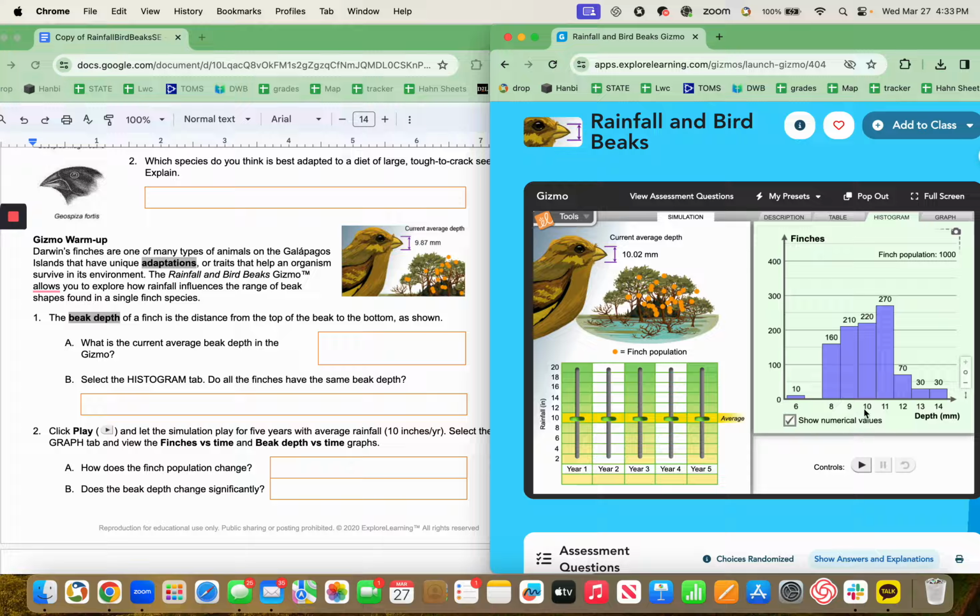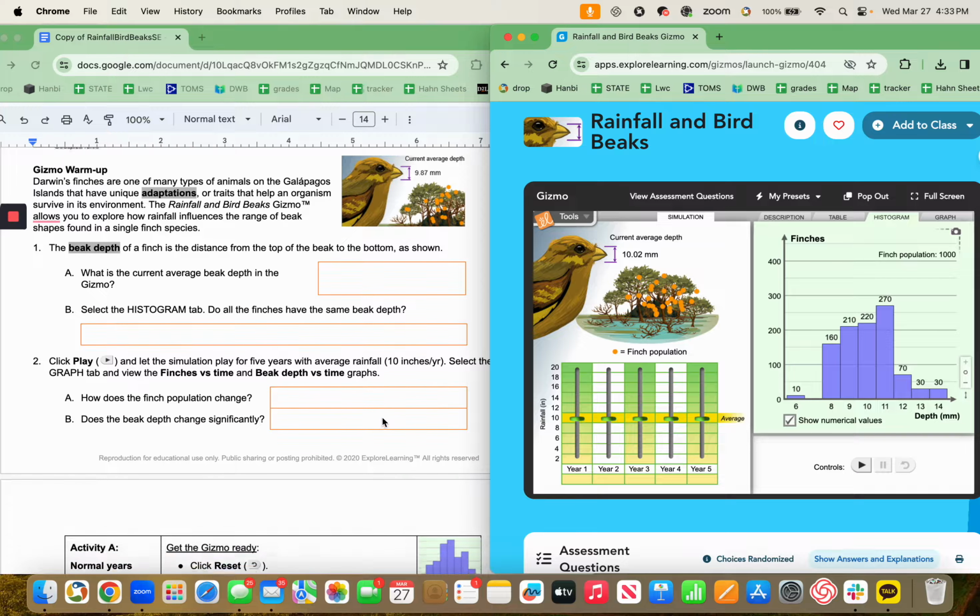The average is about 10. So you've got 220 that have a beak depth of 10. But you can see that the average is going to be a little more than 10 because we've got a lot that have 11 and then some that have 12, 13, 14, and just a few have a beak depth of 6. So that's how to read that histogram.